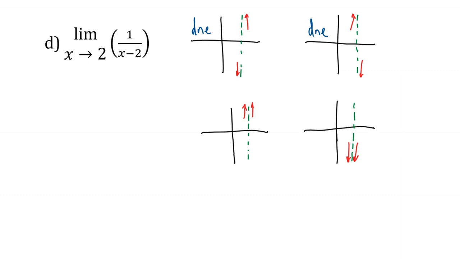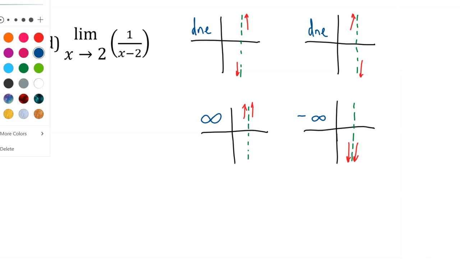What we're going to do in this course is we're going to go with the definition: as long as both left-hand limit and right-hand limit are approaching the same thing, that will be the value of the limit. So for us, the limit in this case is equal to positive infinity, because from the left and the right, they're both approaching positive infinity. And in this case, they're both approaching negative infinity from the left and the right. So we're going to call this, the limit would be negative infinity.